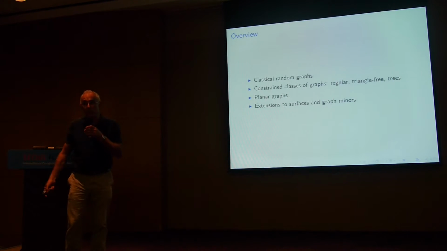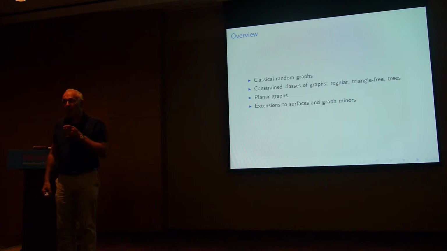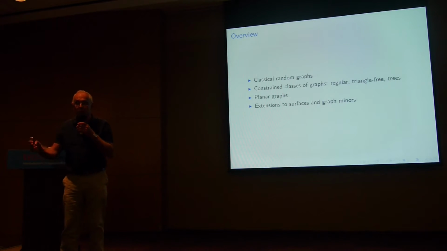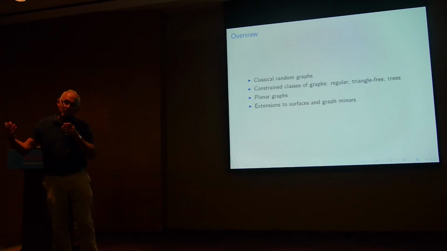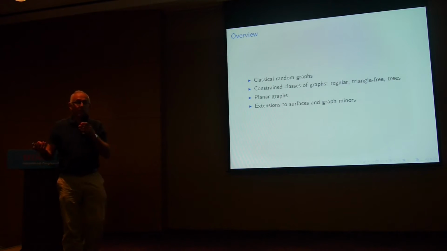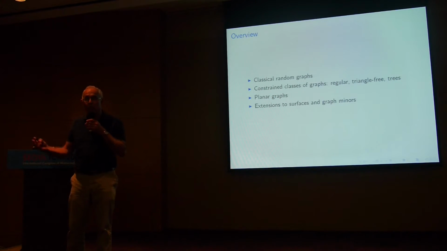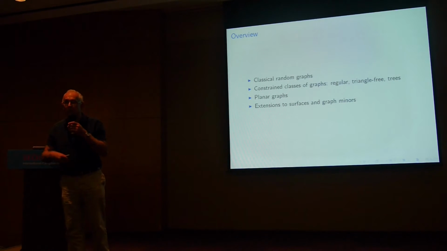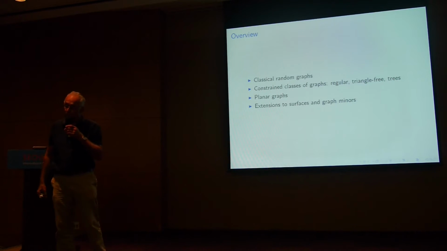Here is an overview of my talk. I will start with an introduction by recalling the classical and basic theory of random graphs, as most of you know. But then I will switch to classes of graphs which are constrained by some global property like regularity, not containing a triangle, or being a tree.